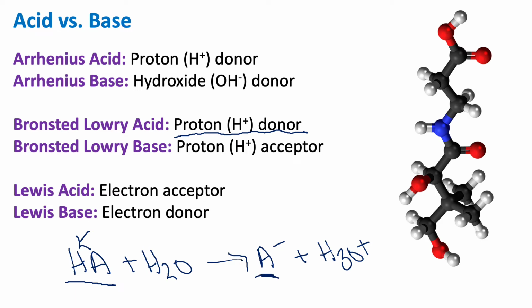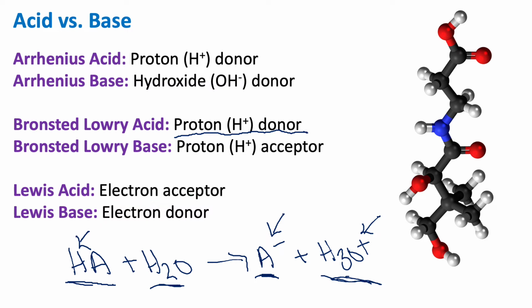The proton goes to this H2O, and the H2O then becomes H3O+. So we can see that this acid gained that negative charge, so it actually gained electrons. That's why Lewis acids are electron acceptors. Whereas we can see over here that this H2O gained a positive charge, so it was the electron donor. I hope that makes sense.